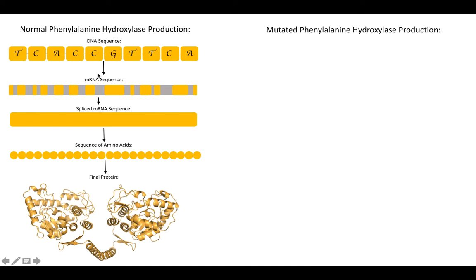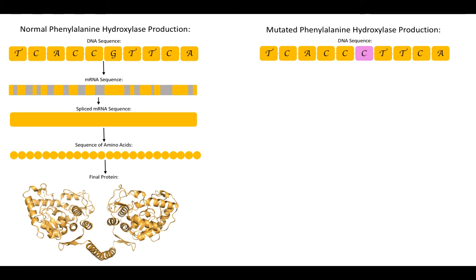So now that we understand these steps, let's move over and take a look at what happens when the original DNA sequence is mutated. So here we have the DNA sequence of a mutated individual, and you can see that where a G formerly resided, a C is now present. This isn't what we would necessarily consider normal, so this has caused an error within what is basically the primary line of the structure.